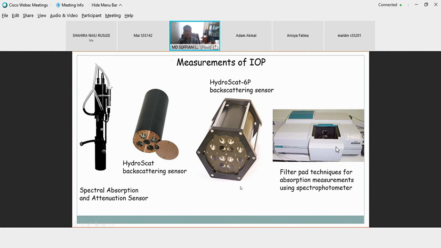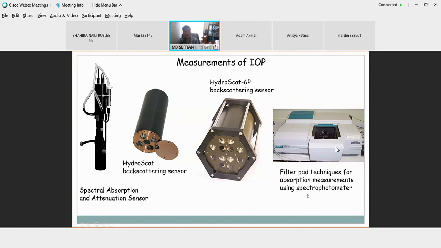And then measurement of IOP, inherent optical properties. Kita ada spectral absorption and attenuation sensor, kita ada di lab yang ni. Kita ada hydroscat backscattering sensor, ini juga kita ada. Kita ada 4 wavelengths.